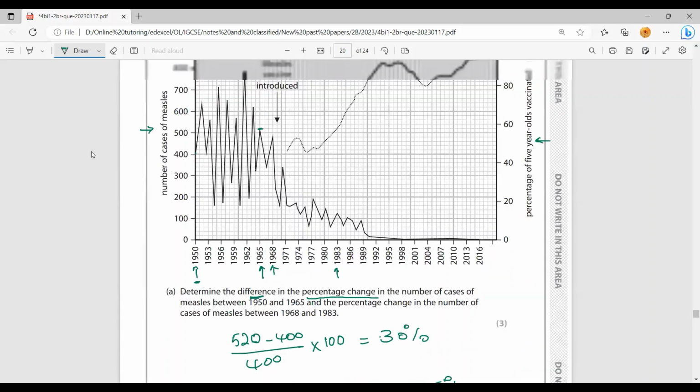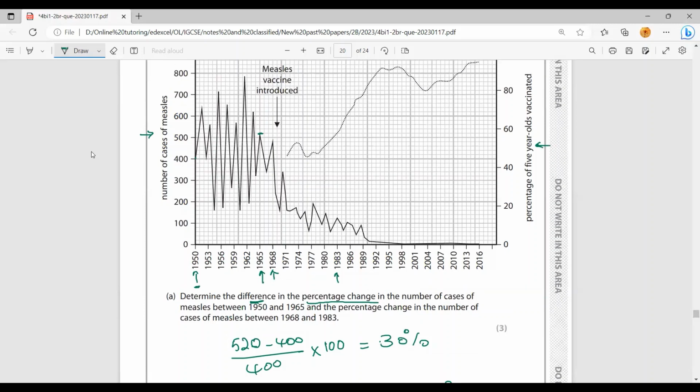Yeah, and the second percentage, I got different numbers, so it gave me a different percentage. At 1968 what did you take? 520, right? Sorry, 480 or 490? 490. And 1983? 130. 120 is the only one that fits.